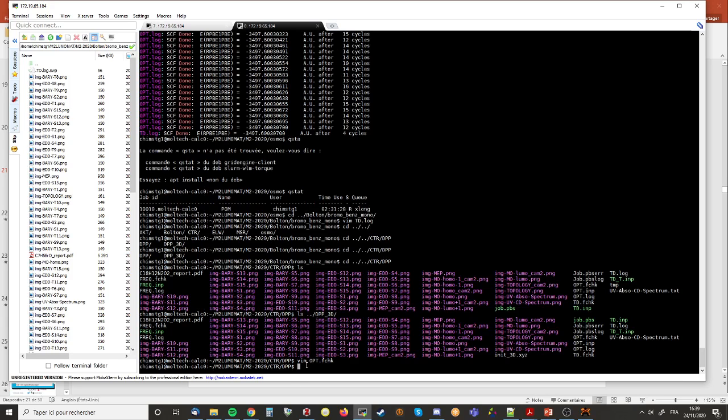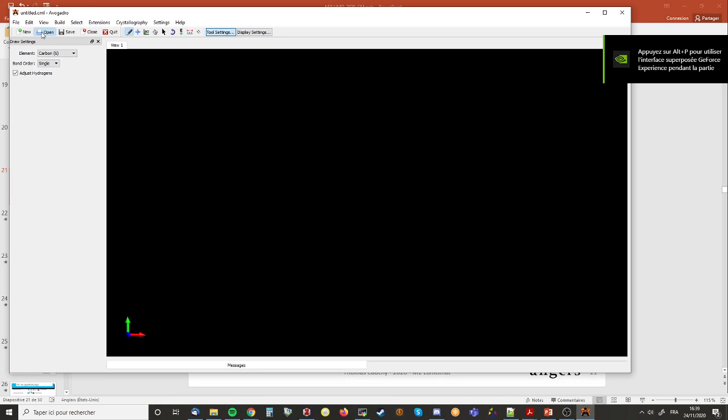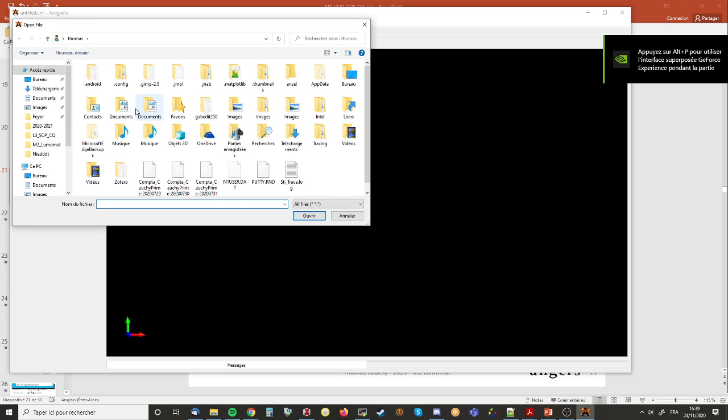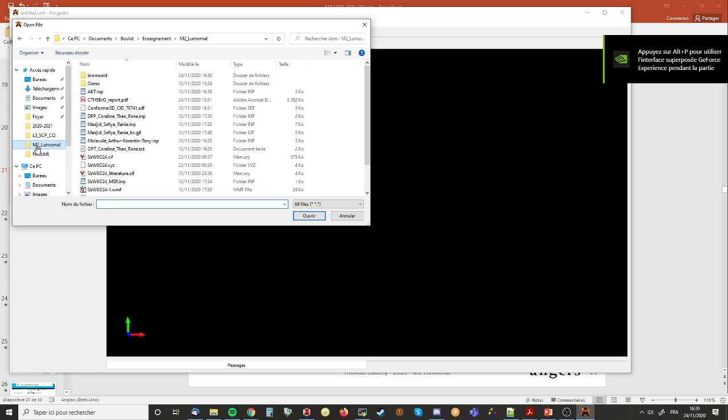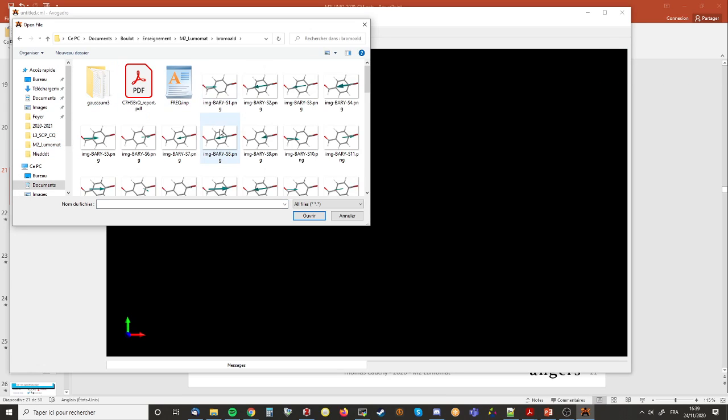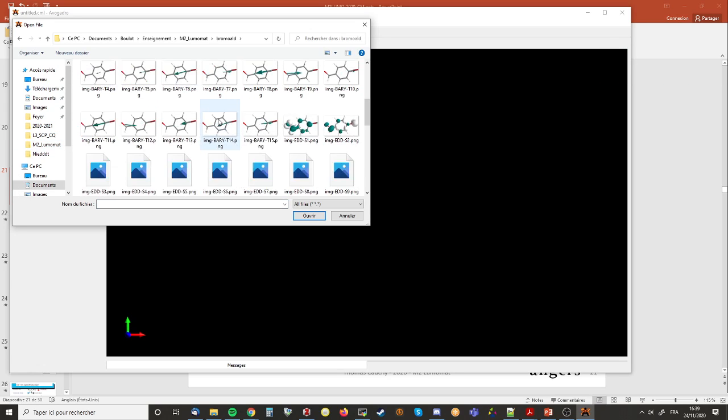So this is the opt.fchk that you must use with Avogadro, GabEdit or GaussSum to open and see the orbitals. And you can check if you have the same values as the report, if you have a report.